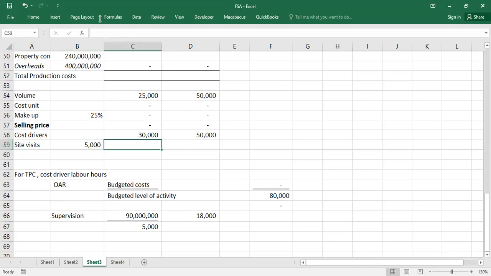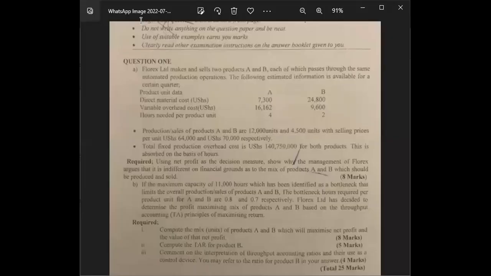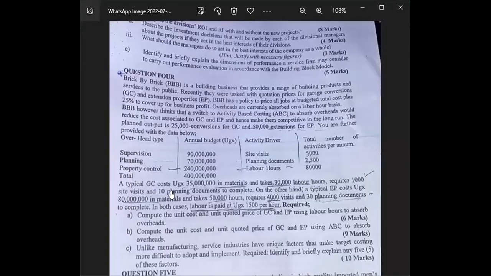So under ABC, the visits were, it's very important. Here they say that a typical GC, you will have to make 1,000 visits.